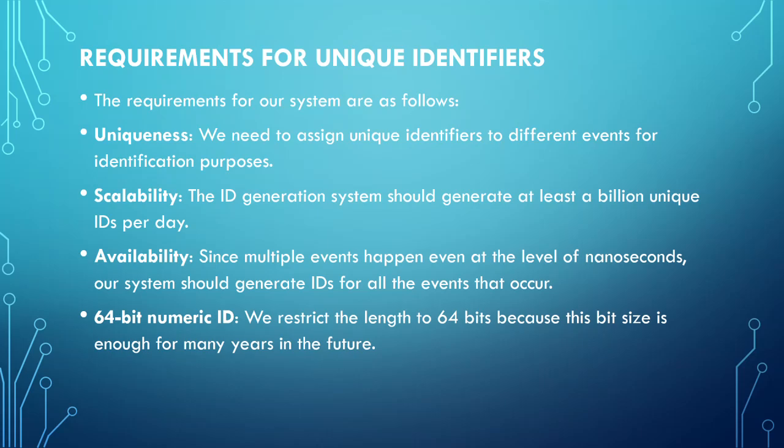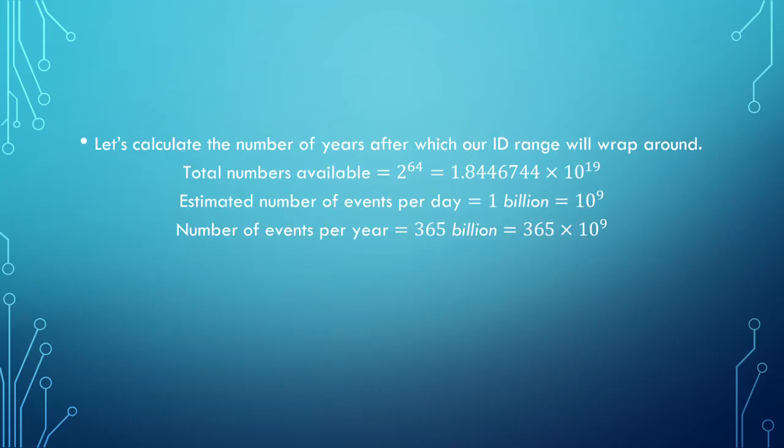Fourth, 64-bit numeric. We restrict the length to 64 bits because it will be sufficient for the upcoming future as well. Considering future incoming requests or events, having a 64-bit unique ID generator is an efficient one. Let us calculate how many IDs 2 power 64 can generate.